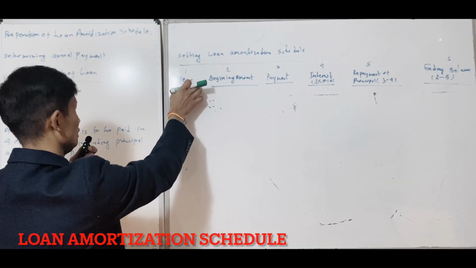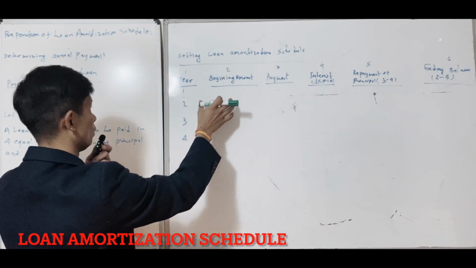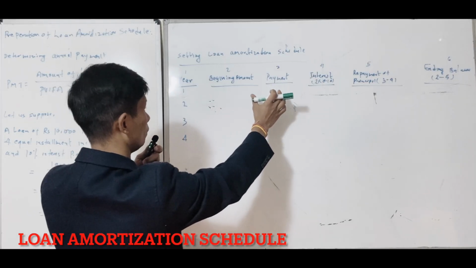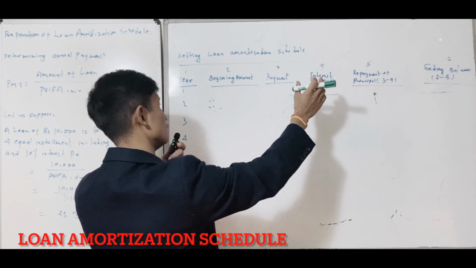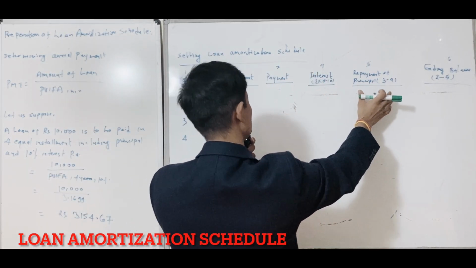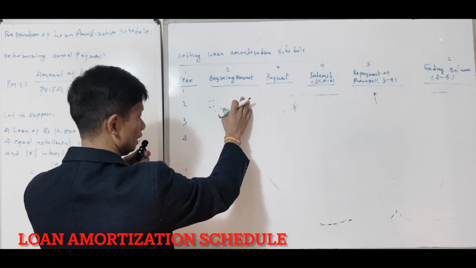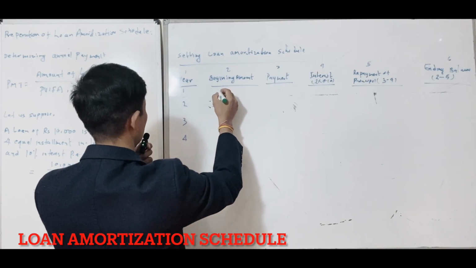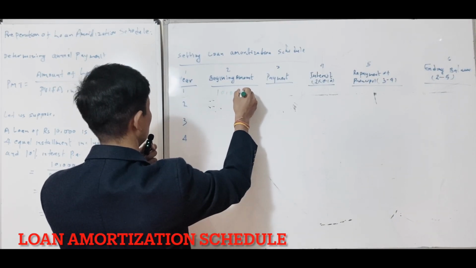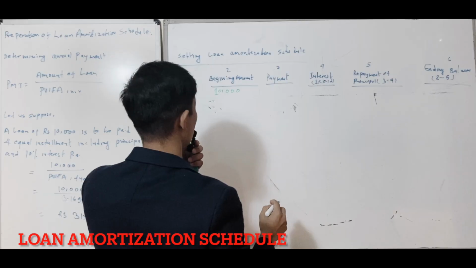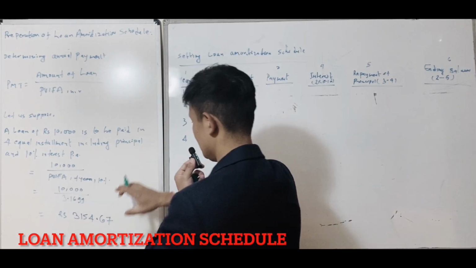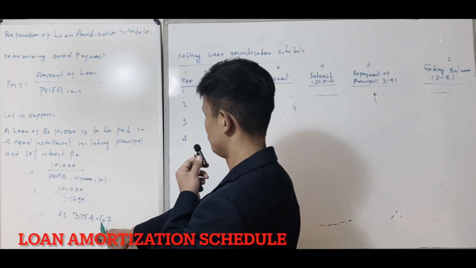Now let's prepare the loan amortization schedule. Column number 1 is year, column number 2 is beginning amount, column number 3 is payment, column number 4 is interest, column number 5 is repayment of principal, and column 6 is ending balance. The beginning amount is 10,000 and the payment is 3154.67.